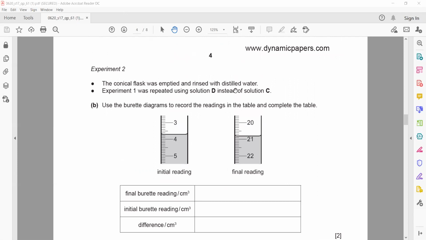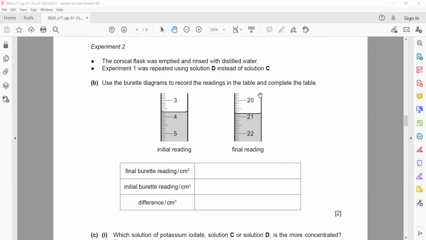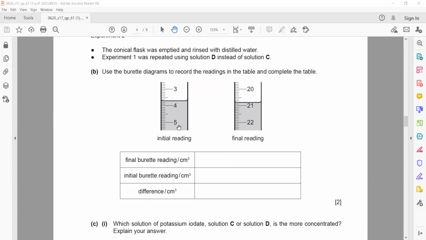The initial burette reading, what is the initial burette reading here with D? 3.7. And what is the final reading? 20.8.